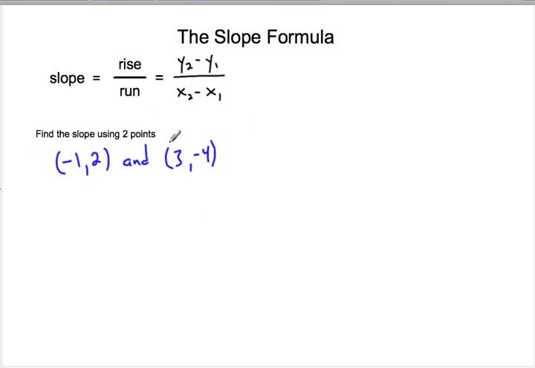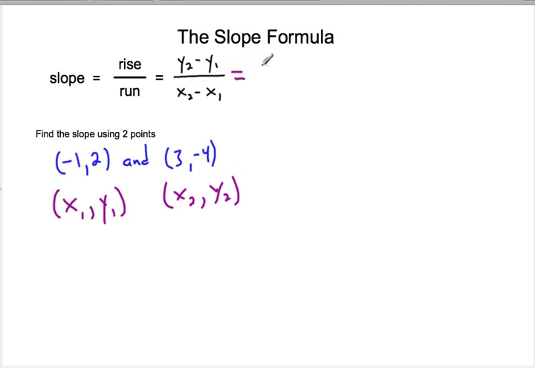So here's a problem. If we want to find the slope using 2 points, this one and this one, we don't have to graph it, we just have to decide which one's going to be point 1 and which one's going to be point 2, so I labeled them that way.